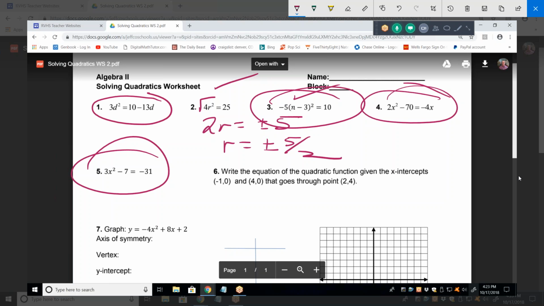I can't do it over here either. But here I can do it and solve it. Here I can do it and solve it. And over here I'm going to be able to do it and solve it. So the first thing you have to ask yourself is, which technique are you going to use? And then go from there.